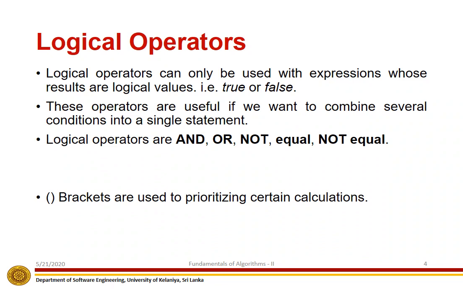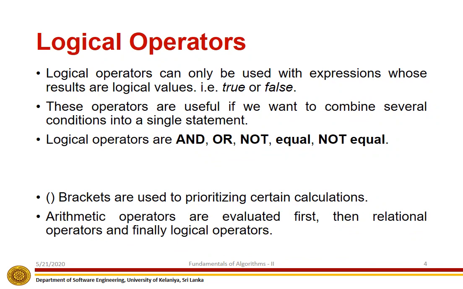In arithmetic, relational or logical operators, we can use brackets for prioritizing the calculations. It means before we execute a statement or expression, we need to know the order in which the operations are done. I think you all know about that order of precedence. First brackets, then power, then division and multiplication, finally addition and subtraction.